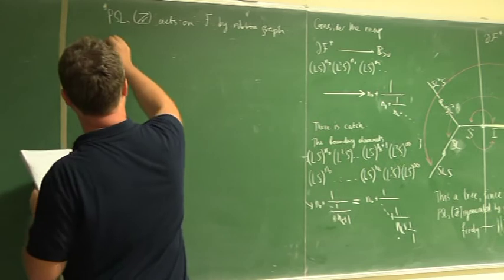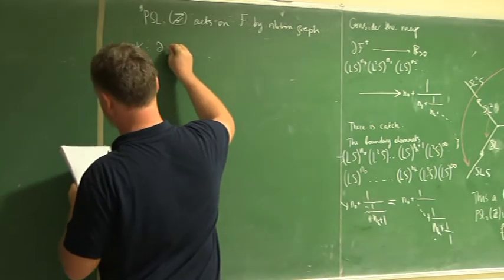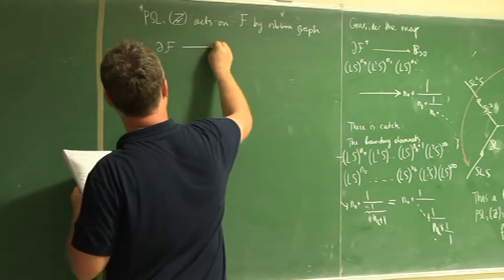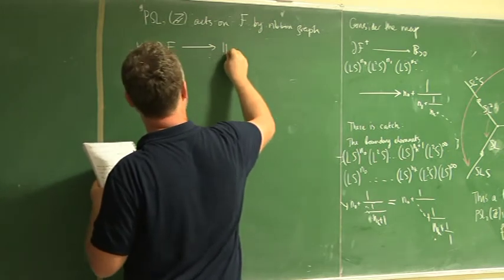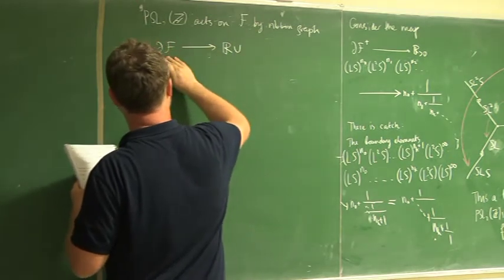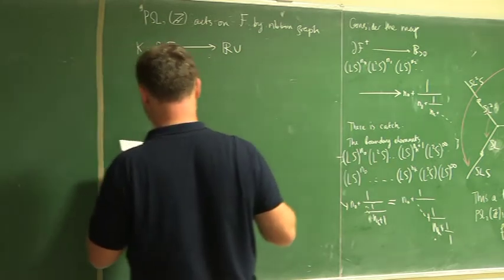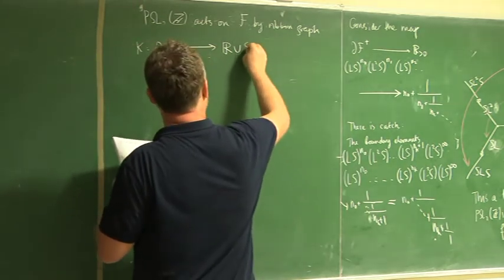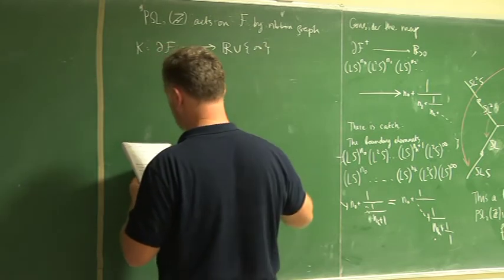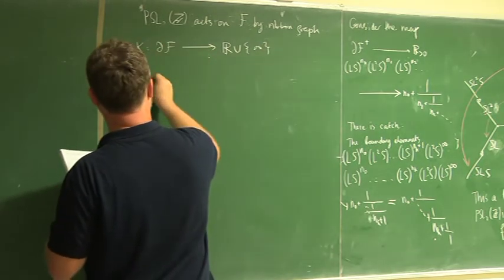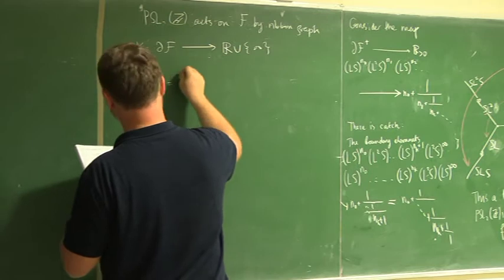In order to handle this, we consider the map kappa, which goes from the boundary of the tree, so the boundary of the tree is the same notion here as the boundary of the group itself, to R union infinity, which is defined as the continued fraction map.